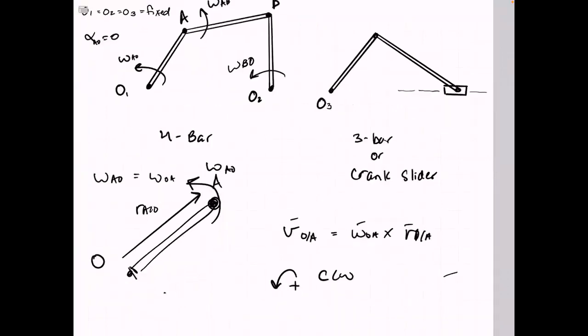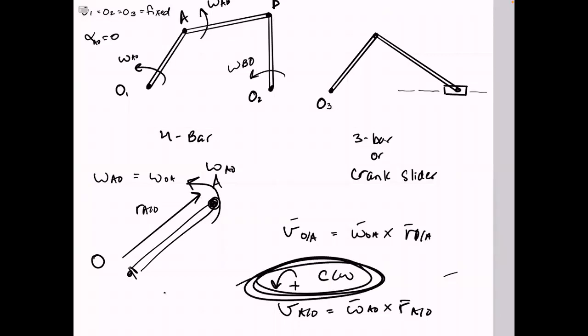The velocity of A with respect to O will be omega AO crossed with R A with respect to O. This angular velocity is still going counterclockwise, therefore it is still positive, but the sign of these are different. They're multiplied by a -1. So that's why you know the direction of velocity.